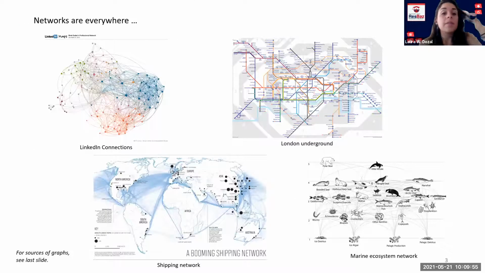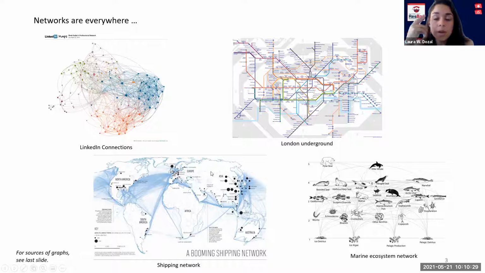Okay, networks are everywhere, and just like we were talking about earlier, they seem to be even more popular because of the internet and social media and online connections. But aside from the internet, you could find networks essentially everywhere around the world, or in your environment. So metro stations, transit networks are really popular to look at.